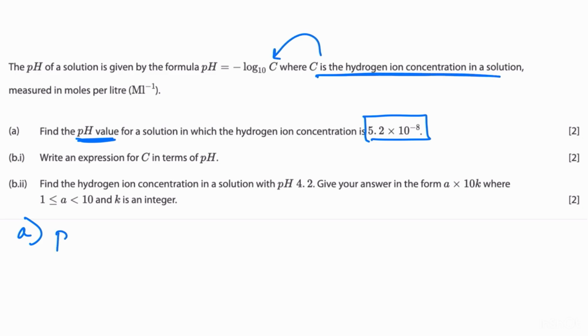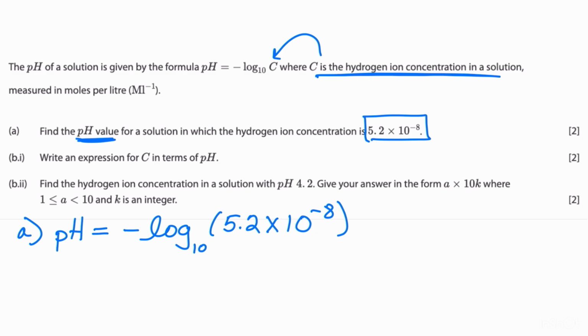So we are going to write that the pH is equal to negative log base 10 of the number they have given us, 5.2 times 10 to the negative 8. So it sounded really difficult, but all we are doing is substituting.